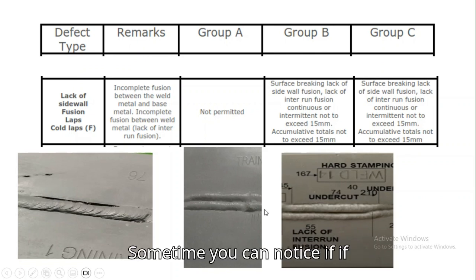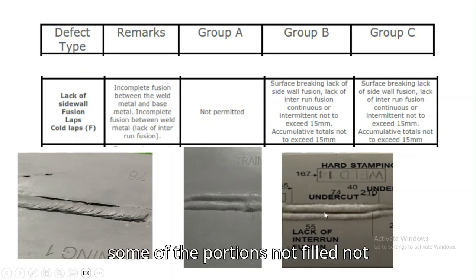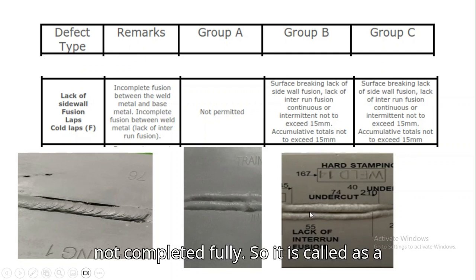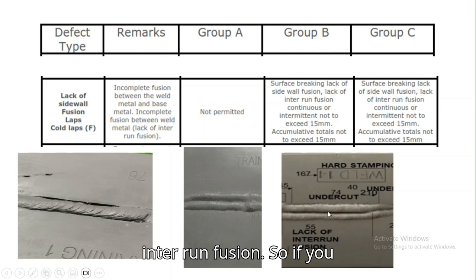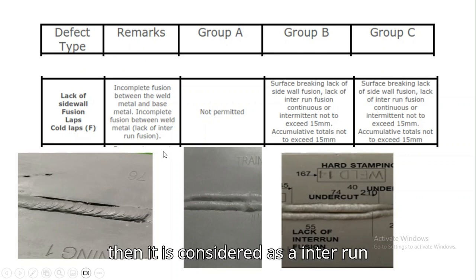Sometimes, if you have two beads, you can see that in the middle some portions are not filled completely. So it's called interrun fusion. If you notice any gap between the two runs, not fused properly, then it's considered as an interrun fusion.